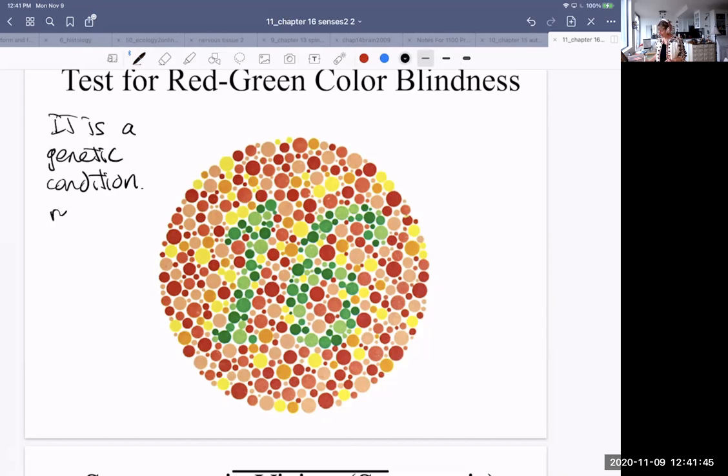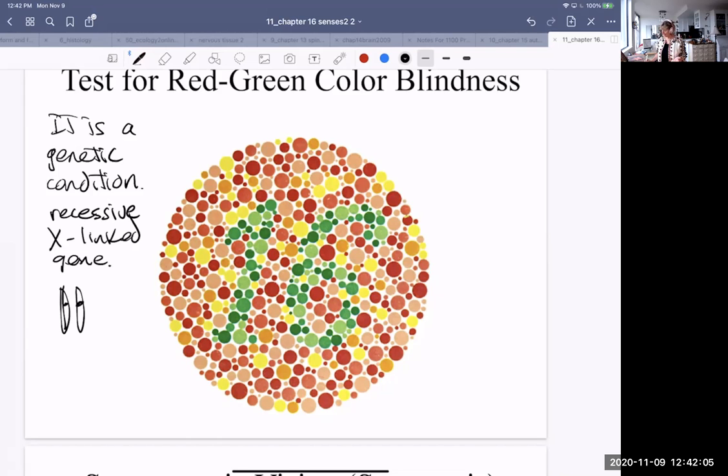So it's a recessive X-linked gene. Females don't tend to have it because we have 2 X chromosomes.